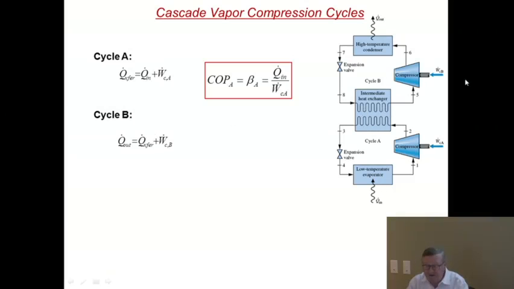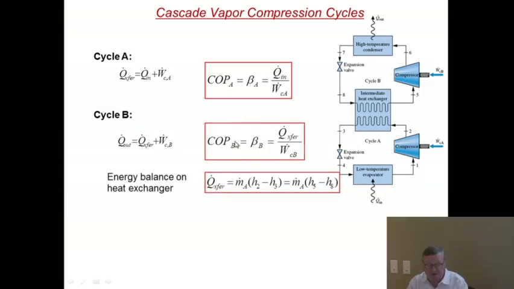So this heat plus the work done in compressor 2 is what's going to be the heat that's rejected, Q out, in the high temperature condenser, and it has its own COP.